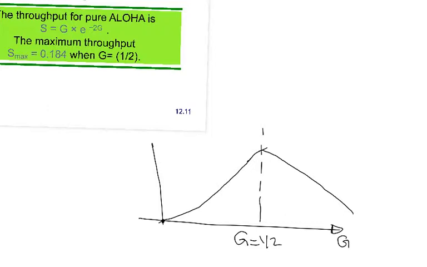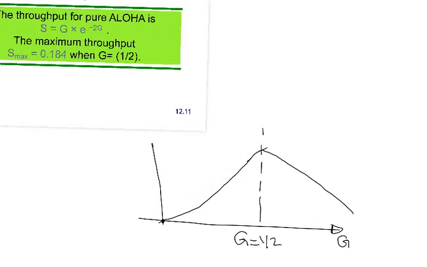And when the value of g is low, the throughput will increase, which makes sense, because when the value of g is low, this means that the load on the network is low, so the probability of collision will be low. So the probability of sending packets successfully without having any collision will be higher. So any transmission that we will do, it will go through.